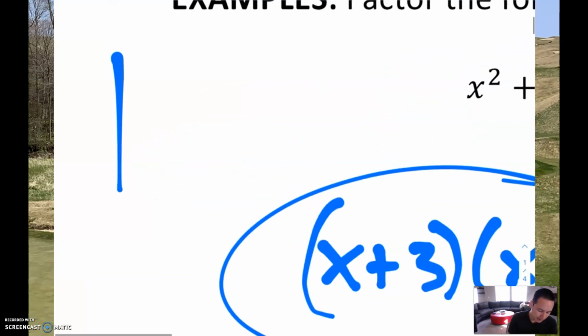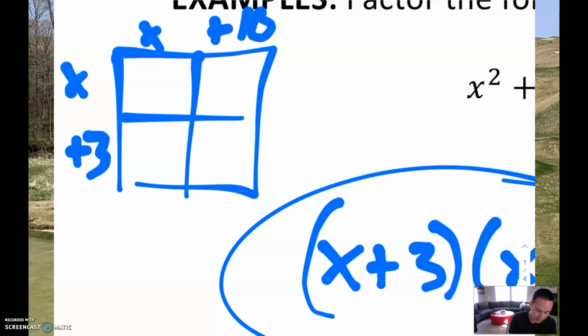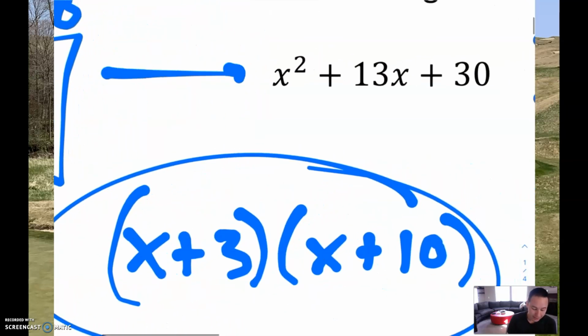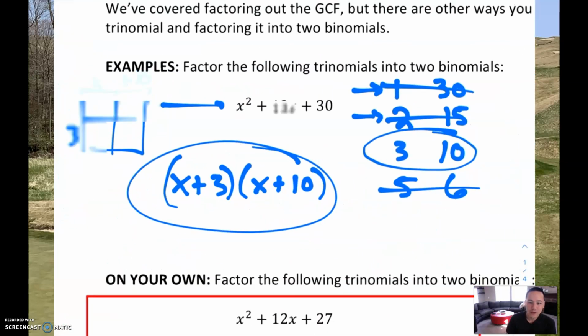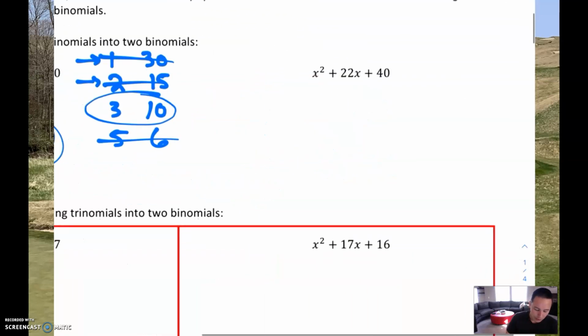If you were to do the box method that we described in the last unit, and you put x plus 3 here, and you did x plus 10 here, if you multiplied all of that out, your final answer would be this, x squared plus 13x plus 30. So whenever you want, you are able to check your answer by just multiplying it all out, like we did last unit. Let's go ahead and do one more example.